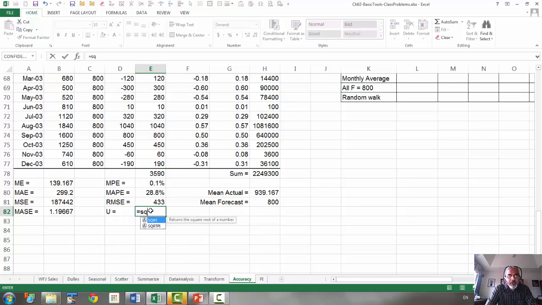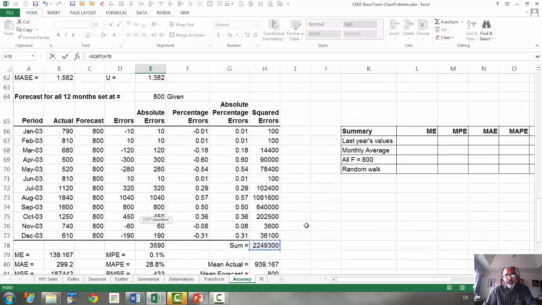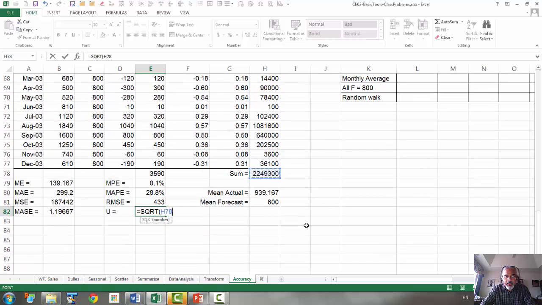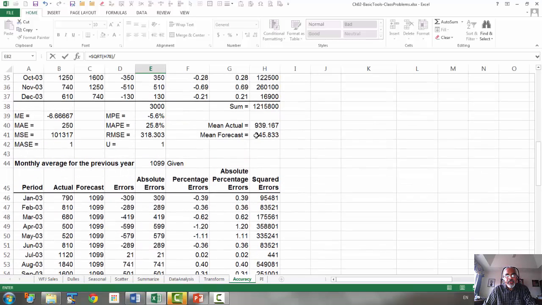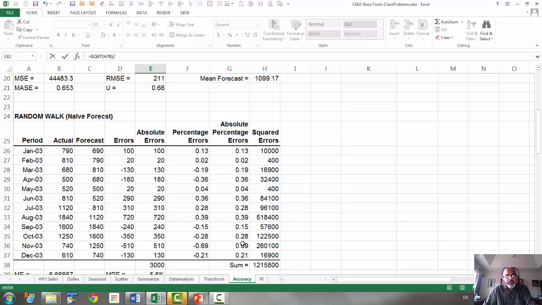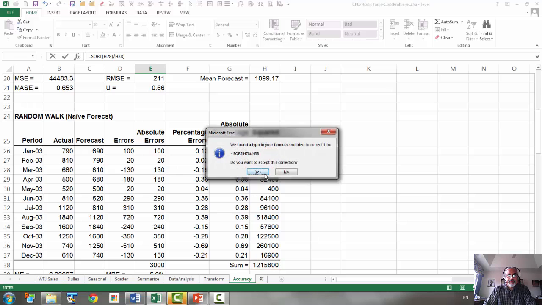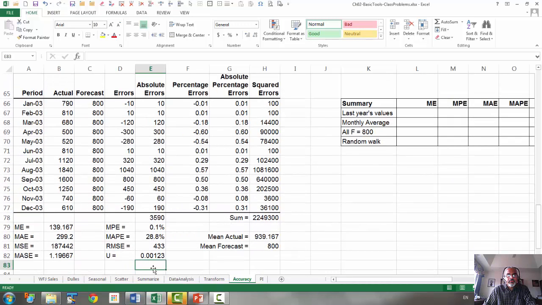And take the square root of the sum of the squared errors of the given model divided by the same thing for the random walk model. Make sure that's the random walk model. Okay, so that's the Theil's U.